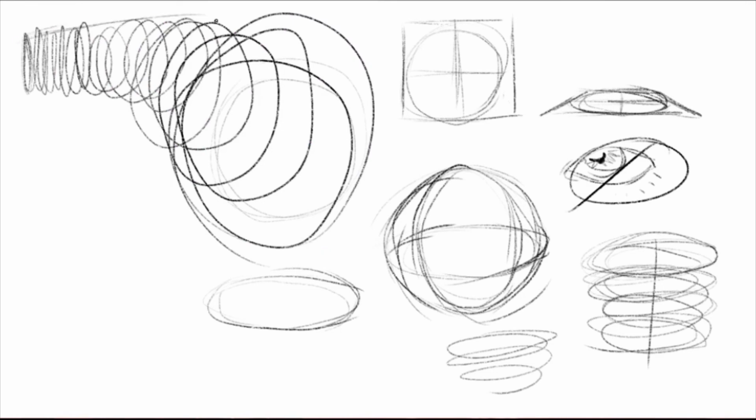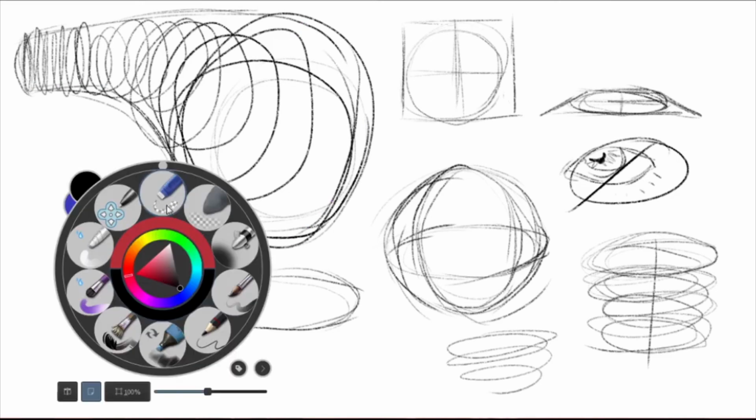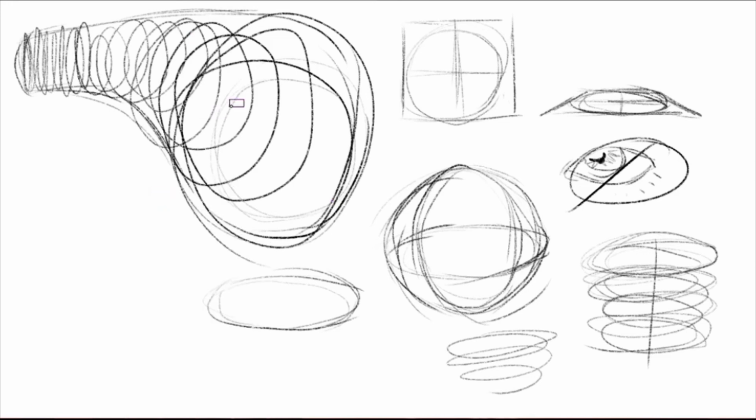Okay, and so if I take the top line of that and the bottom line, okay, now we start to have something that looks like it's moving in space.